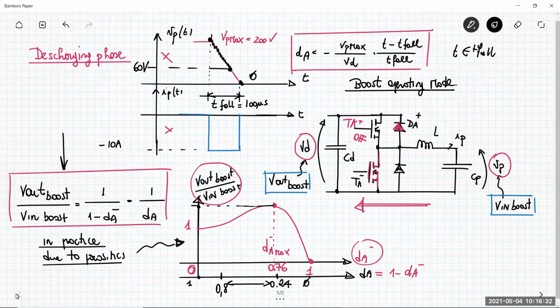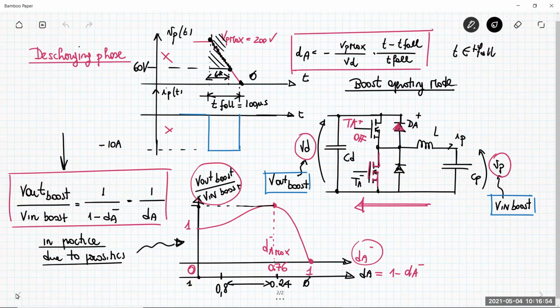The boost operating mode is only effective in this interval here, when the voltage is higher than 60 volt. Let me call this time interval T star.